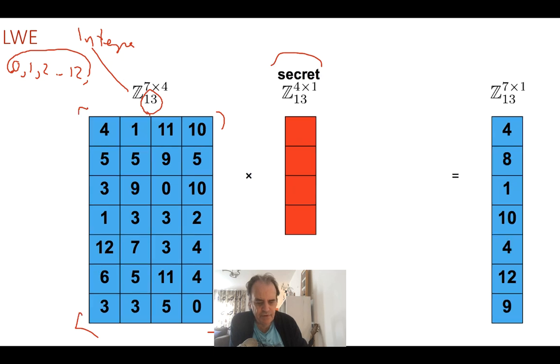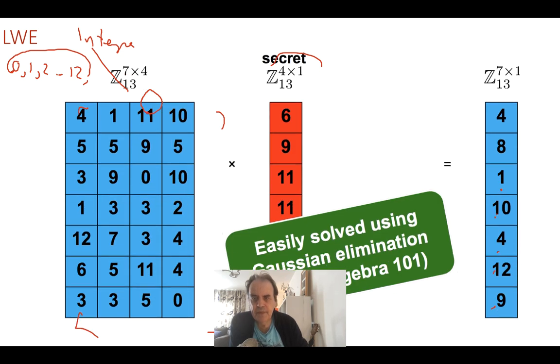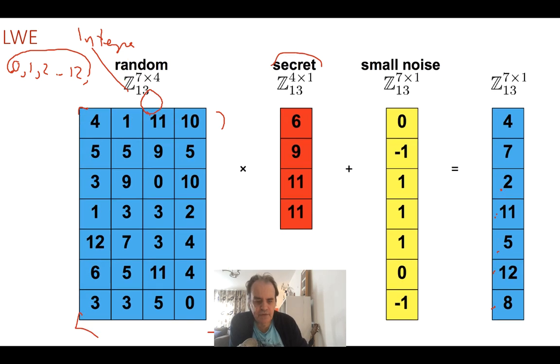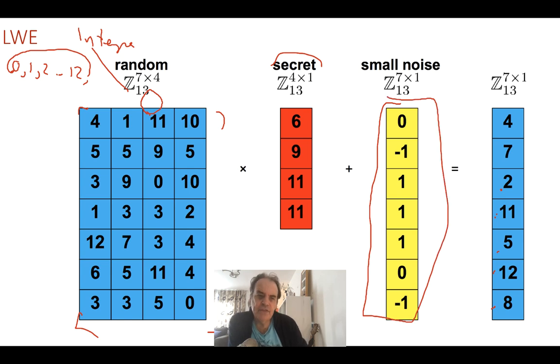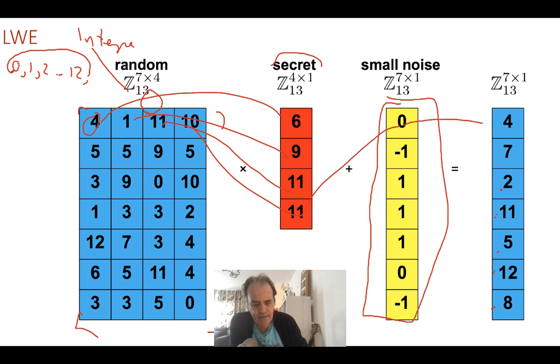So if we look at the previous one, 7, 8, 1, 10, 4, 12, 9. Now, if we add on a small amount of noise or an error each time, so it's 2, 4, we multiply them, and then we add that, and we should get that.